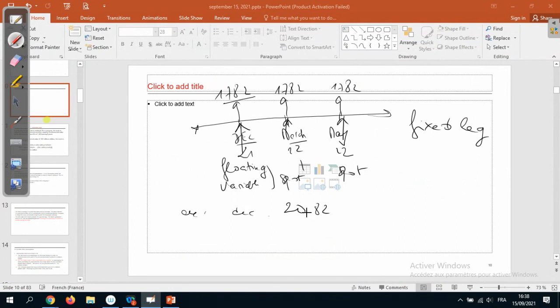The cocoa price has moved from 1,782 to 2,082. What happens? You pay your bank 1,782 because you pay fixed, but you receive from the bank 2,082 because it's the spot price of cocoa.